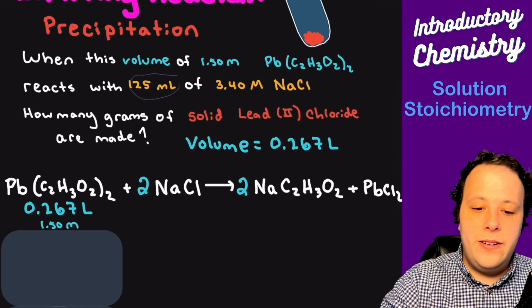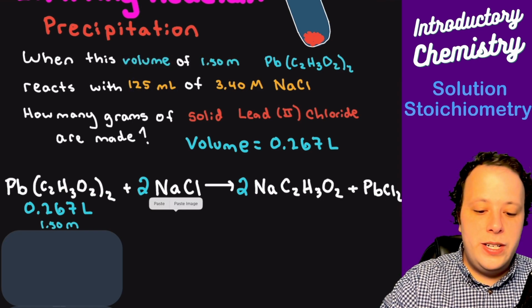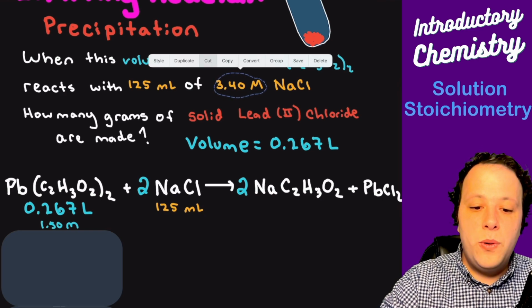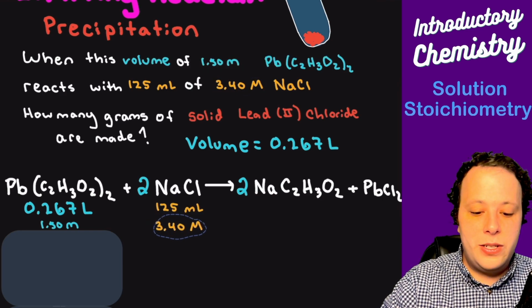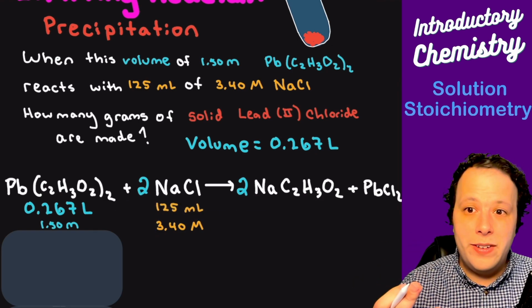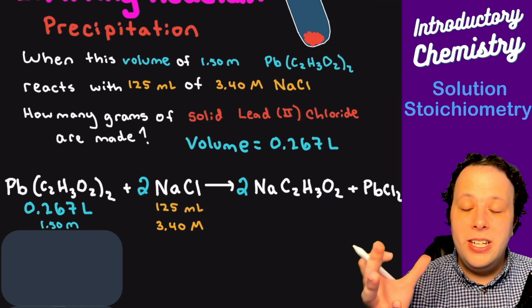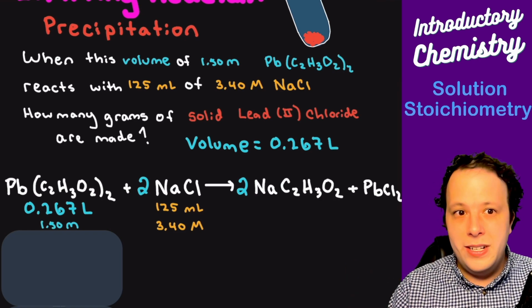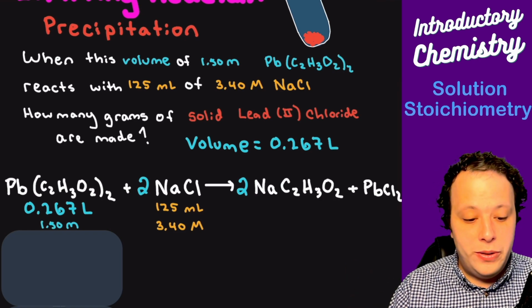And then on the other hand, we were given 125 milliliters of NaCl with 3.40 molar NaCl. So we were given both starting volumes and concentrations. You need both in order to be able to solve for moles. You need to be able to cancel out the liters component.